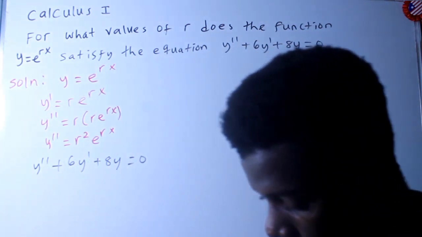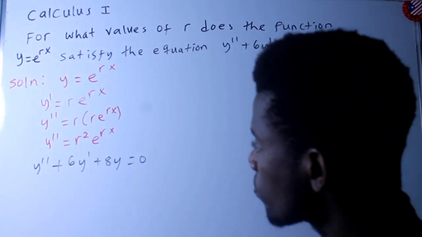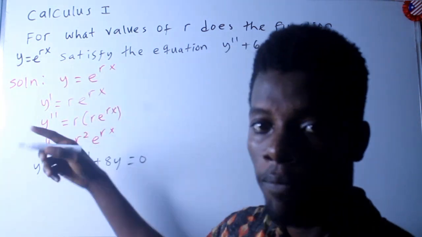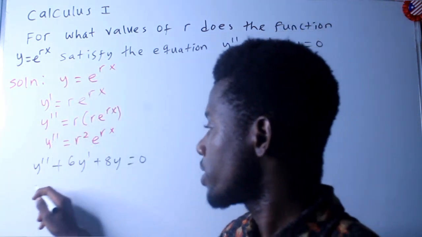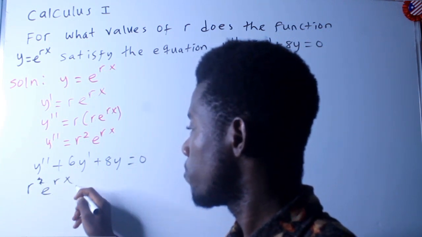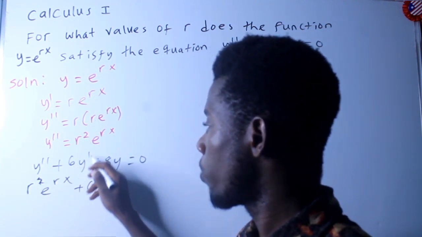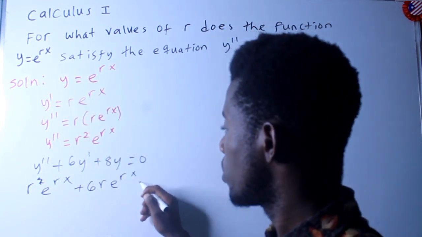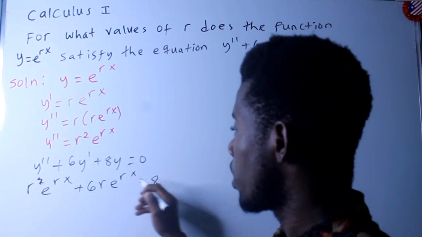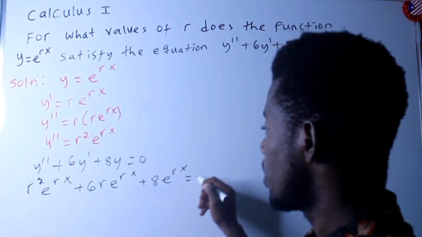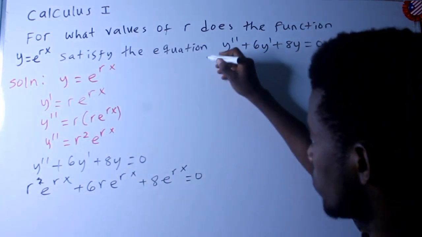So from the derivatives, what is y prime prime? That's r squared e raised to the power of rx, plus 6 times y prime, which is r e raised to the power of rx, plus 8y. What is y? y is e raised to the power of rx. And the entire expression should give us 0.